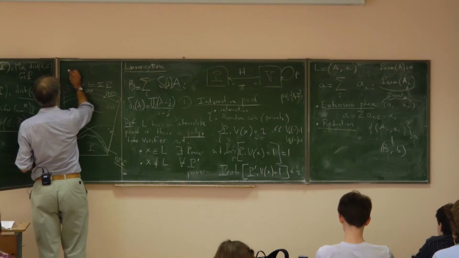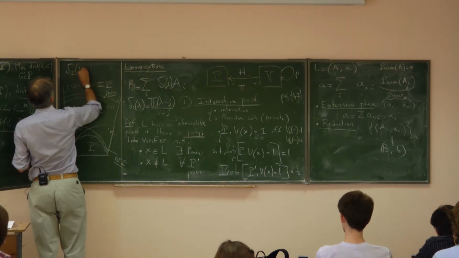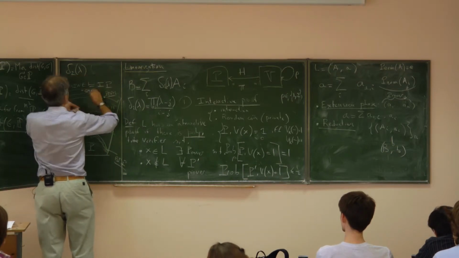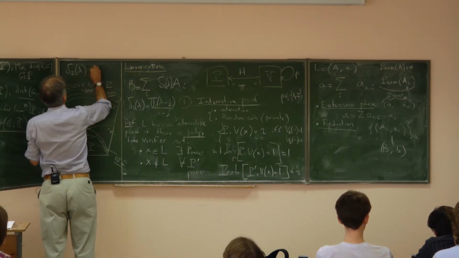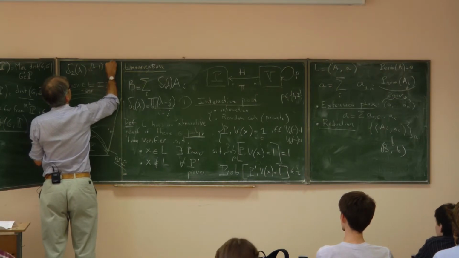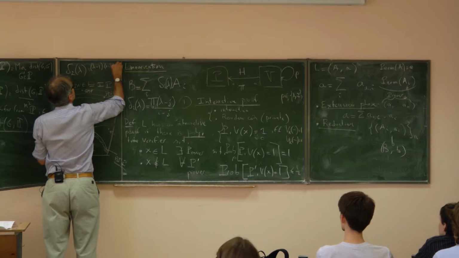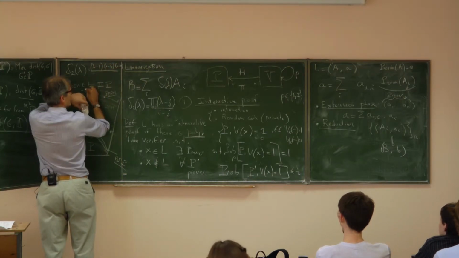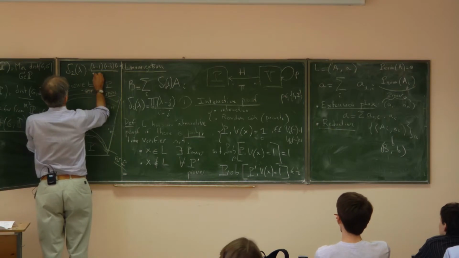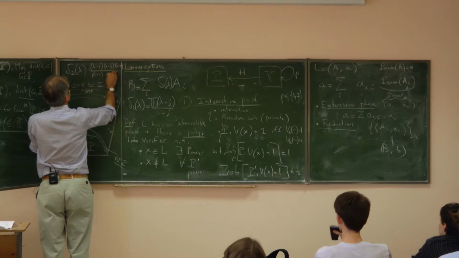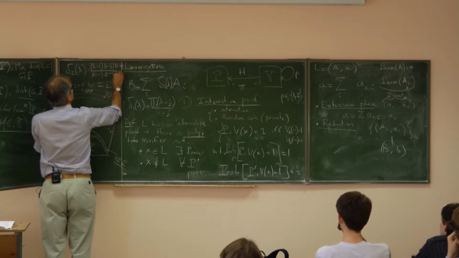For example, what is delta 2 of lambda? Well, it's going to be lambda minus 1 times lambda minus 3 up to lambda minus n, divided by 2 minus 1 times 2 minus 3 up to 2 minus n.